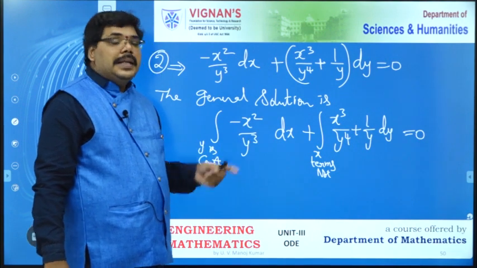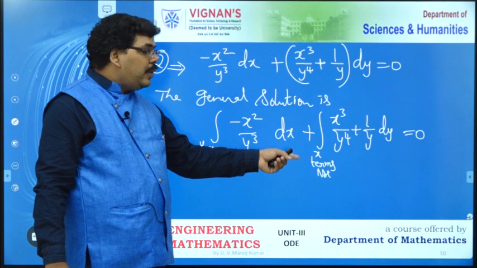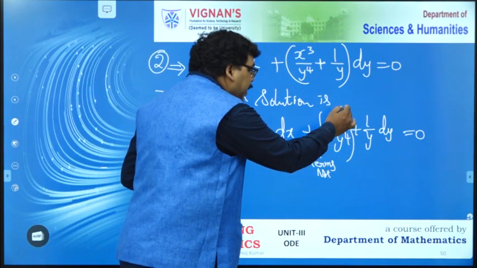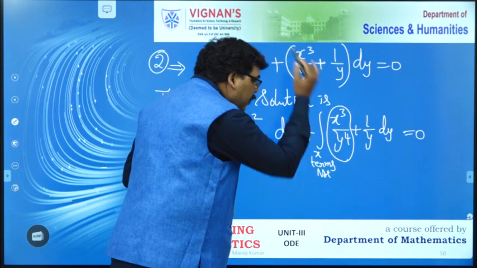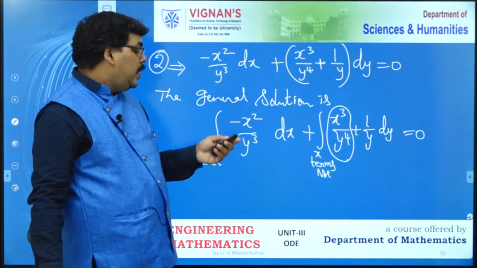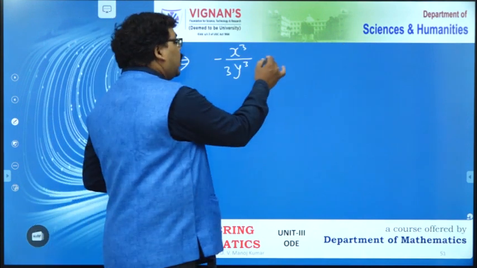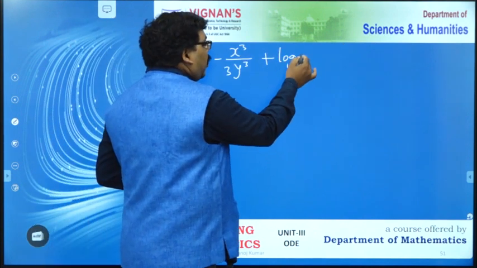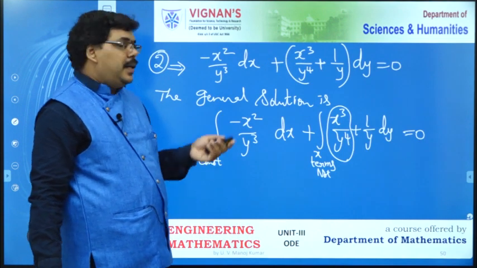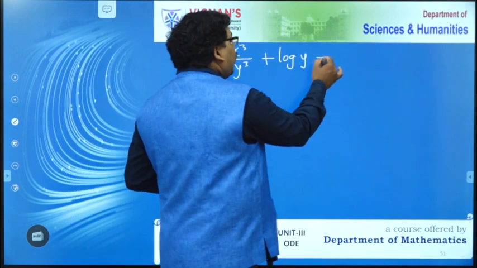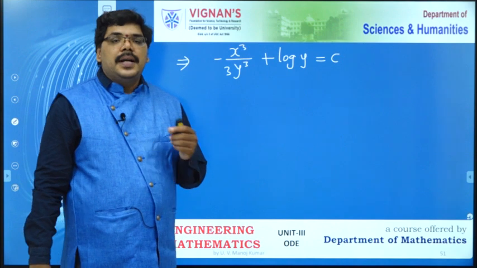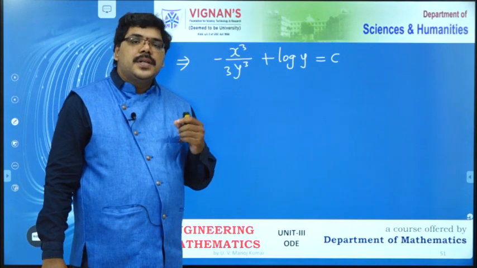See the second term. There we should not include x. So this is the term having x. Remove it. What remains then? 1 by y. Integral of 1 by y is nothing but log y. So our integration is completed. So you add integrating constant c. So this is the general solution for given differential equation.